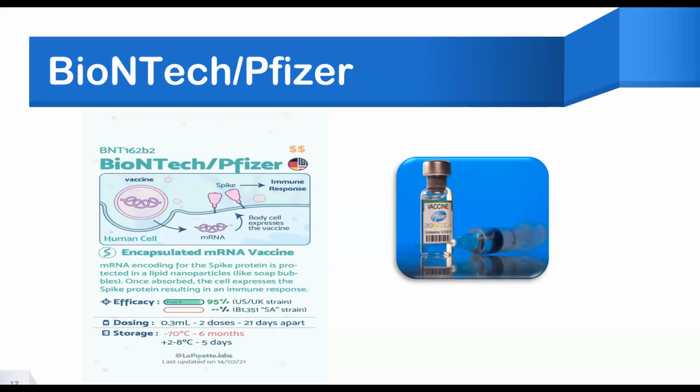Then next is inactivated. This vaccine uses the whole virus, after it has been killed with heat and chemicals. The advantage is it's safe because the virus is already dead and it's easy to make.